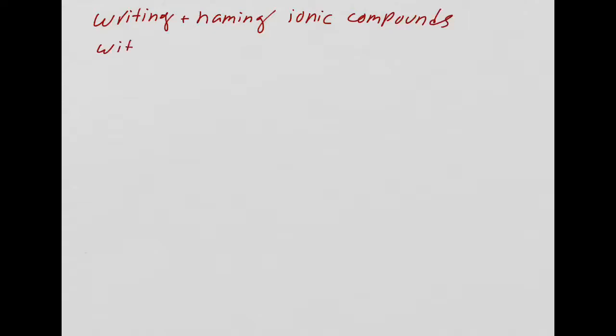Now, let's talk about writing and naming ionic compounds with polyatomic ions, because you know how to write simple ions and how to name them, but let's go over polyatomic ion ones. Let's do this.